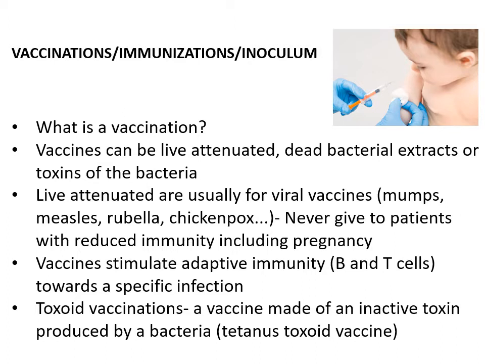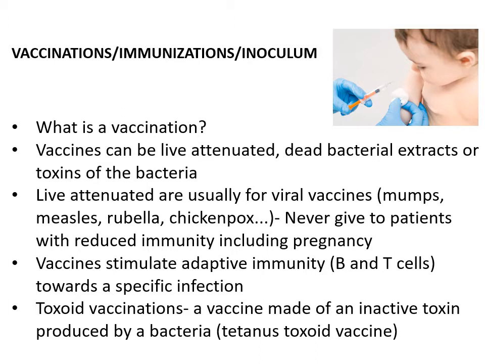And tetanus is a perfect example of this, where we're giving immunizations to the toxin of the bacteria. And that's why we call it tetanus toxoid, right? So we're protecting you from the toxin that the bacteria is going to release. Okay, so the injection of tetanus is actually an injection of tetanus toxoid.